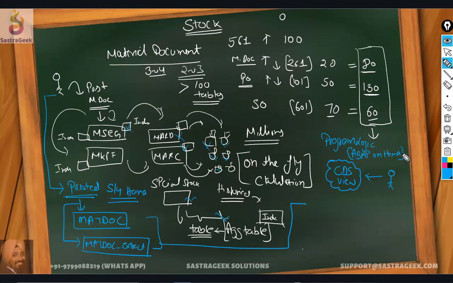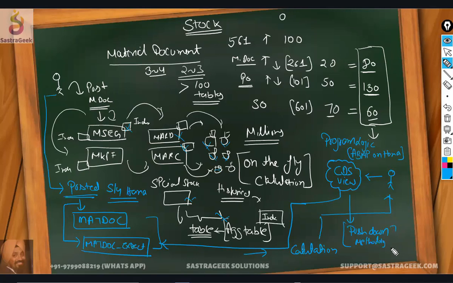Now this CDS view goes into this table, does the calculations, gets the stock back, and feeds it to your user. That happens through the CDS view. This concept is also called push down methodology.